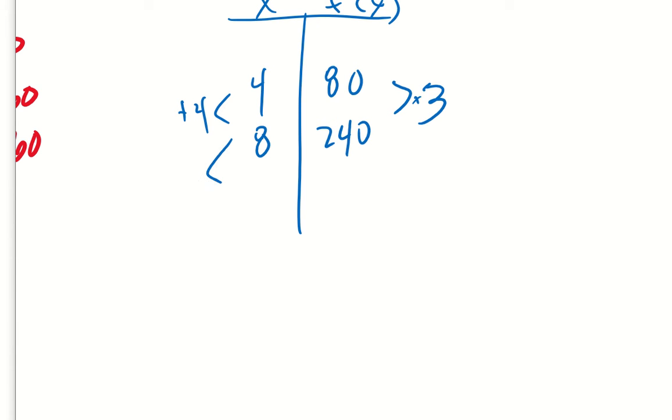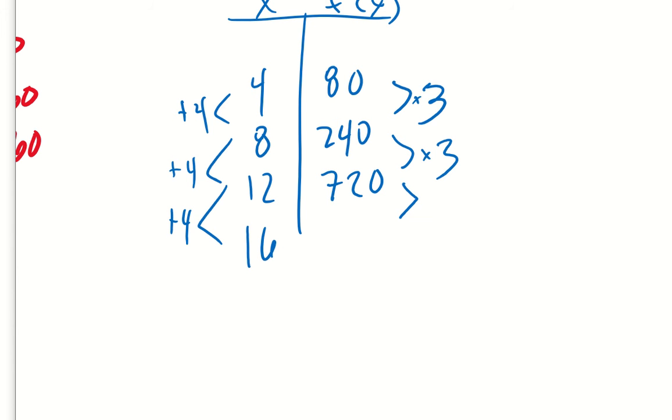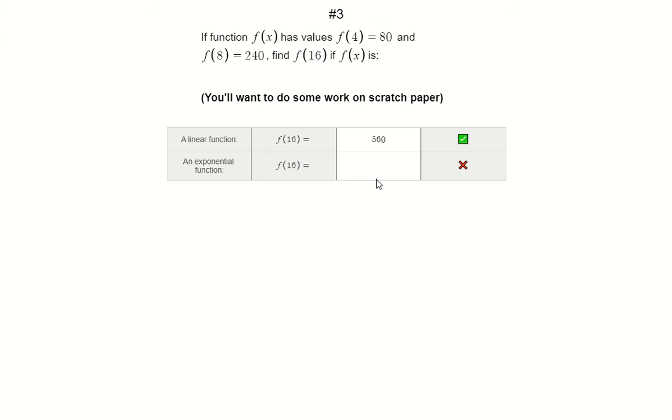So we're just going to keep multiplying by 3, 12, 16. 80 times 3 is 240. 240 times 3 is 720. Times 3 is 2160. Is that right?